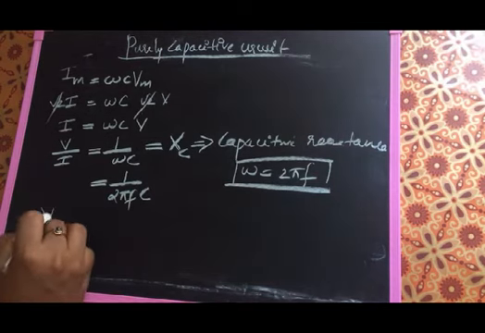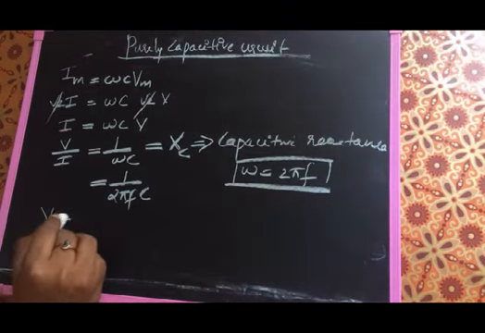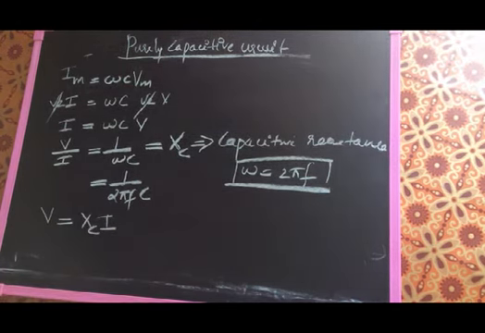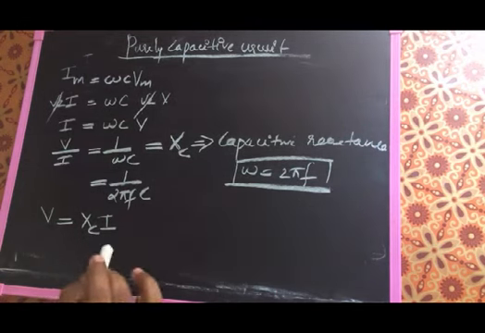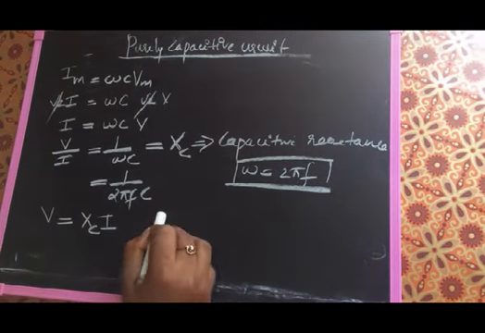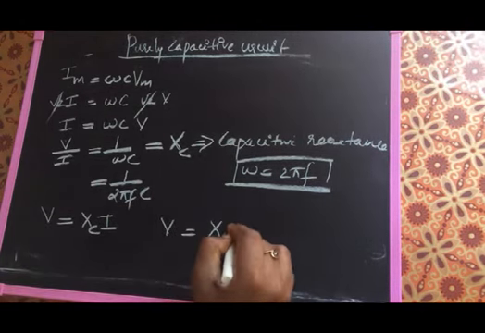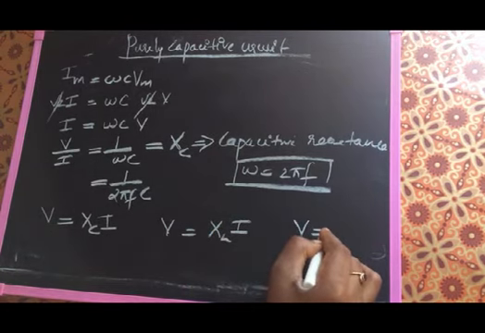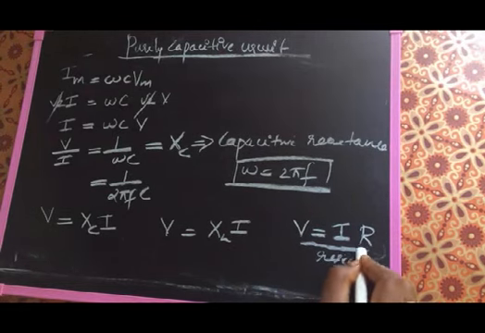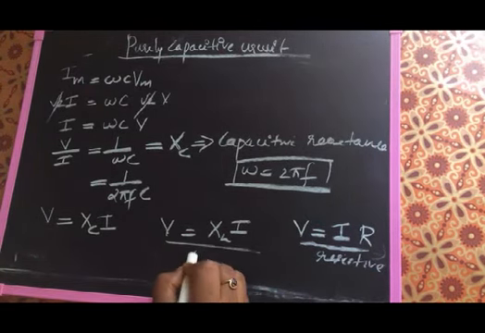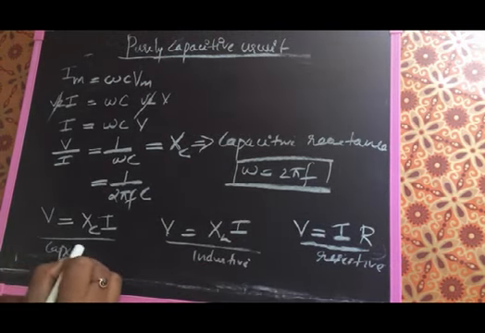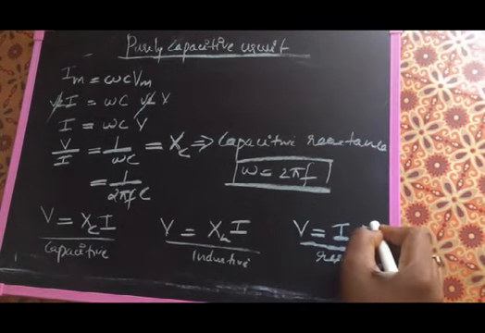Before that, the voltage equation in a purely capacitive circuit is V is equal to Xc into I. So you can write all three equations together: V is equal to Xc into I, V is equal to XL into I, and V is equal to I into R. This is for the resistive circuit, this is for the inductive circuit, and this is for the capacitive circuit.